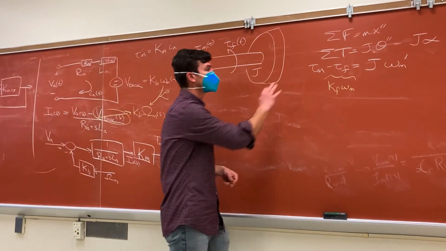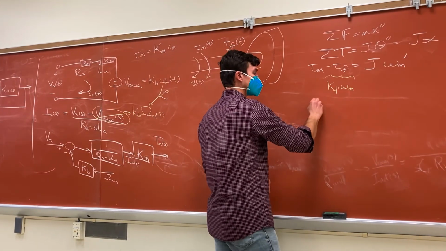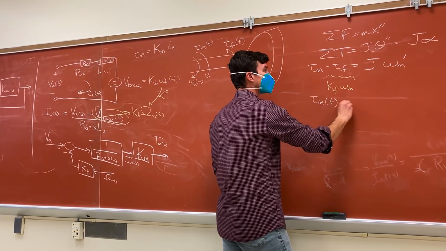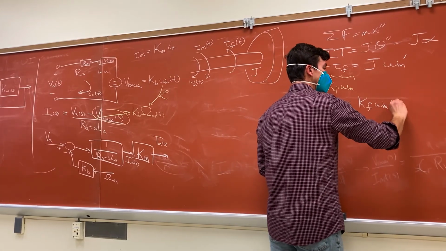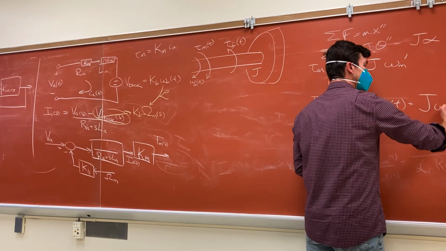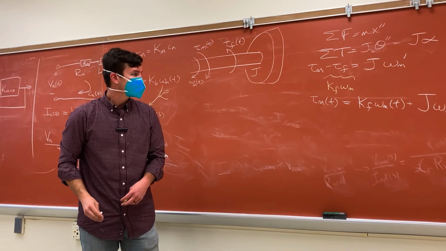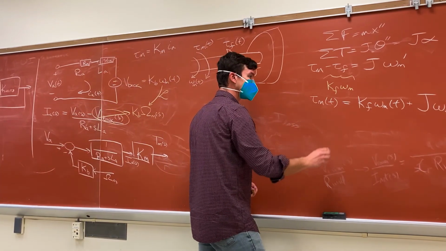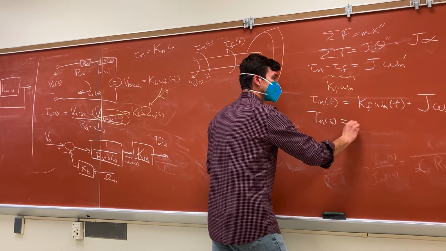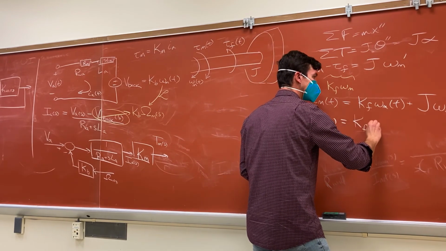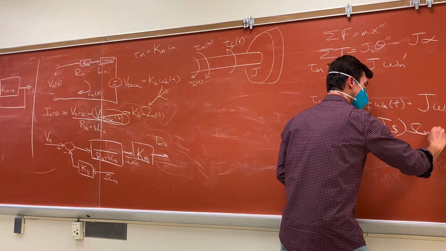All right, so here's our diffie Q. If I move this guy over, I get tau m in the time domain is equal to kf omega m in the time domain plus j omega m prime in the time domain, which is in Laplace land, tau m of s equals kf plus js times omega m of s.